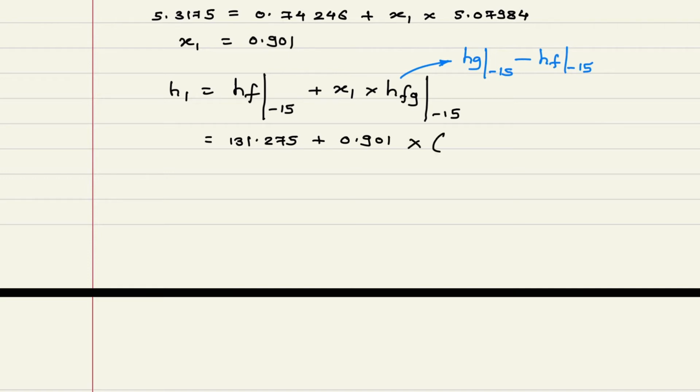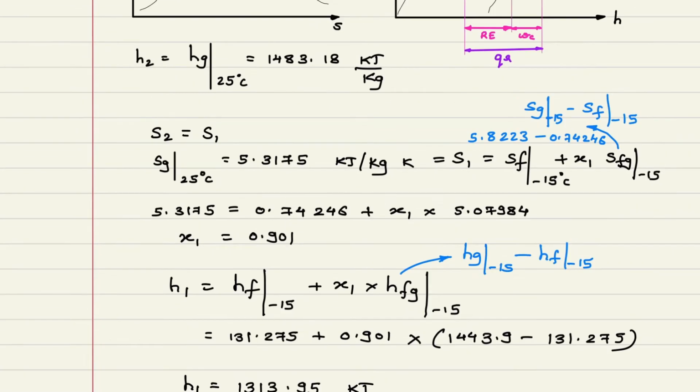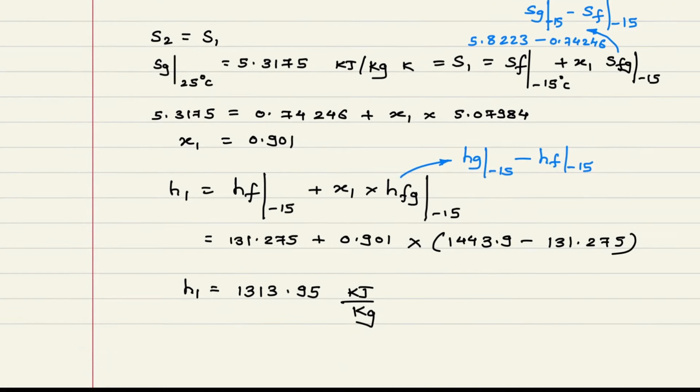This value is 1443.9 minus Hf at -15, 131.275. From here we can calculate H1. H1 is equal to 1313.95 kilojoule per kg. Okay, so we have calculated enthalpy of point 2 and enthalpy of point 1.